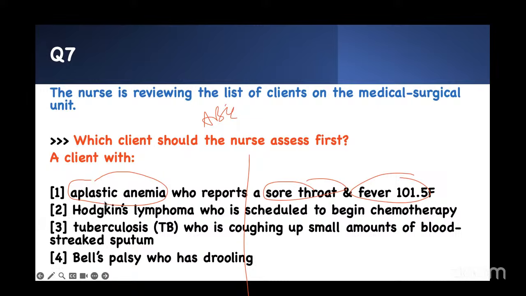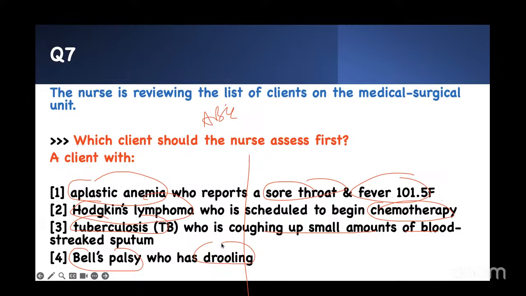That's all. I have Hodgkin lymphoma and I'm scheduled to get chemotherapy. Is that something bad? Do I have time to deal with you? I have tuberculosis and I'm coughing some small amount of blood, thin and streaked in my sputum. And I have Bell palsy and I have drooling.